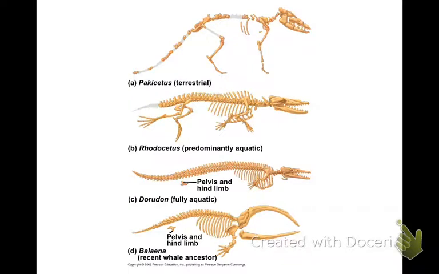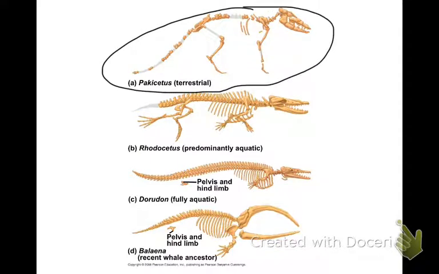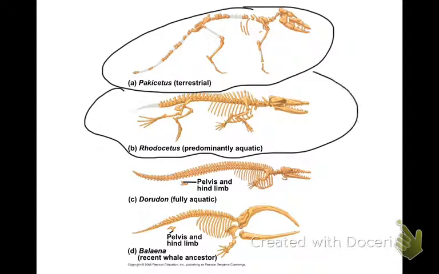Okay. Plus, in addition to that, when you look at the different fossils, you can see that once upon a time Pachycetus was a terrestrial creature, and then from that population they evolved to give you Rhodocetus, which kind of became aquatic.